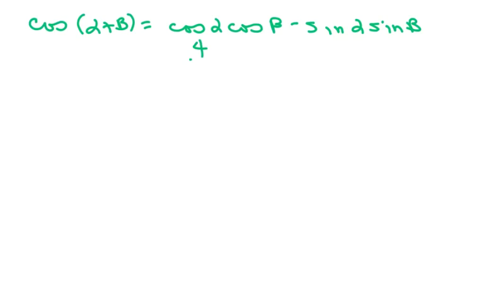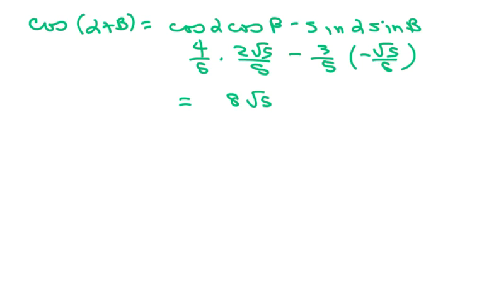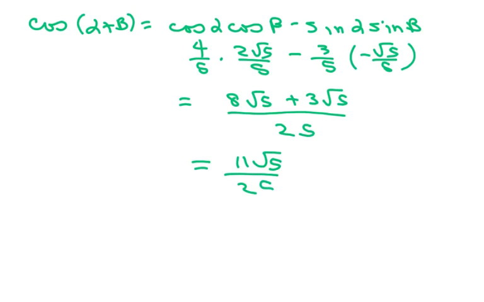So this would be 4/5 times 2 square root of 5 over 5 minus 3/5 times negative square root of 5 over 5. And this is going to simplify to 8 square root of 5 plus 3 square root of 5 all over 25, which equals 11 square root of 5 over 25.